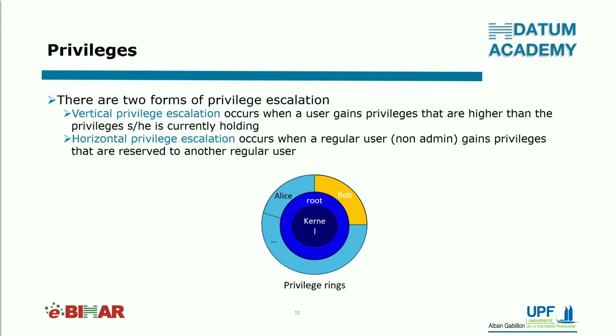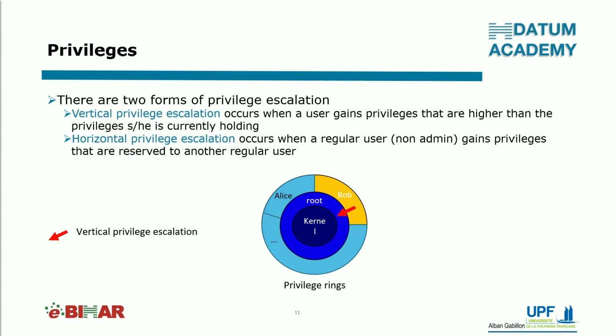Vertical privilege escalation occurs when a user gains privileges that are higher than the privileges he is currently holding. This means that privileges are in a way hierarchically organized. And the so-called set of privilege rings shows you this hierarchy. For example, if Bob goes from a privilege level corresponding to his account to a privilege level corresponding to an admin account, there is a vertical privilege escalation.